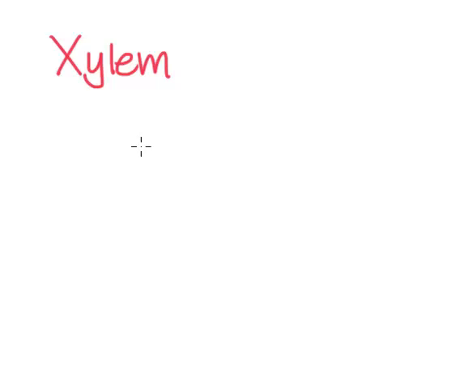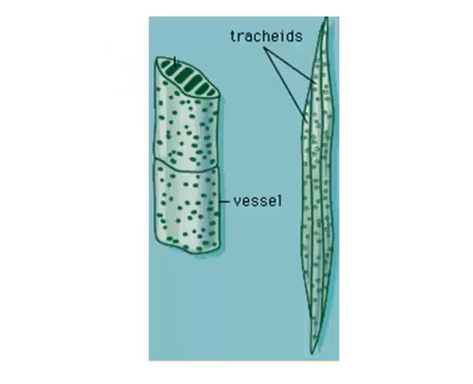We know that there are two different kinds of cells making up xylem tissue. There are cells known as tracheids and vessels. Now, tracheids are elongate cells. You can see that they have tapered or pointed ends. All right?